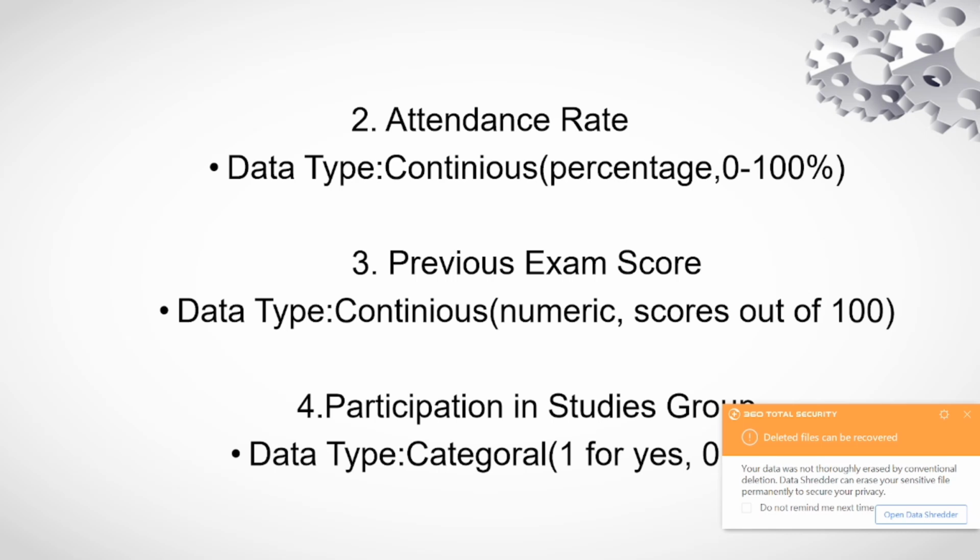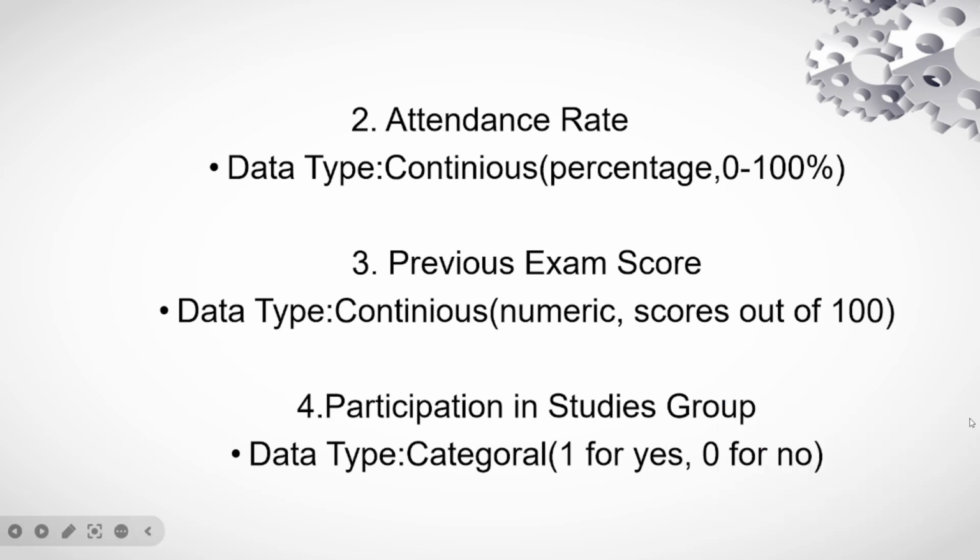Data type continuous. It is numeric. Example, scores out of 100. Number 4, participation in study group. The data type will be categorical. Example, 1 for yes and 0 for no.